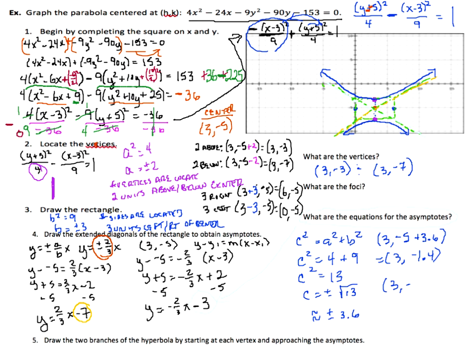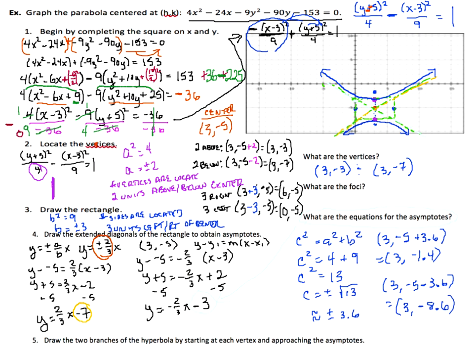And then we have 3, negative 5 minus 3.6, which gives us 3, negative 8.6. So 3, negative 1.4 is about right here. And then 3, negative 8.6, so 5, 6, 7, 8.6 is about right here. I think that's 9.6, about right here. It's hard to be so detailed with this pen.